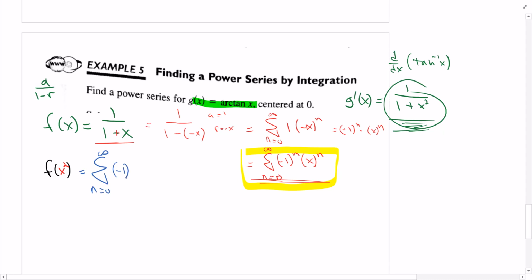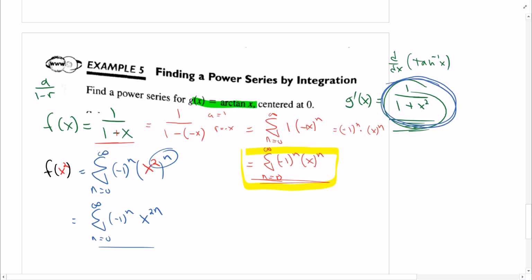This stays the same, and this gives us negative 1 to the n. You multiply powers when they're raised like this, so it's going to be x to the 2n power. And so this is the infinite series that represents 1 over 1 plus x squared.